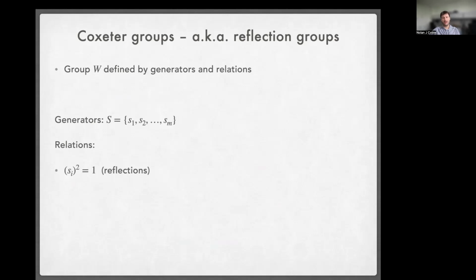The second thing that I want: in Euclidean space, we know that the product of two reflections is a rotation, and we want the same thing to be true in this abstract setting. I want that if I take the product of any two different generators, there's some finite number m_ij, which is the order of this operation. This is sort of equivalent to saying that the rotation defined by this product has a finite order.